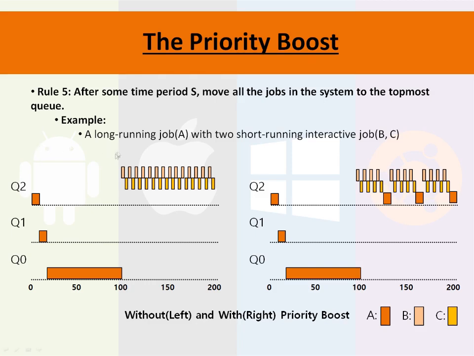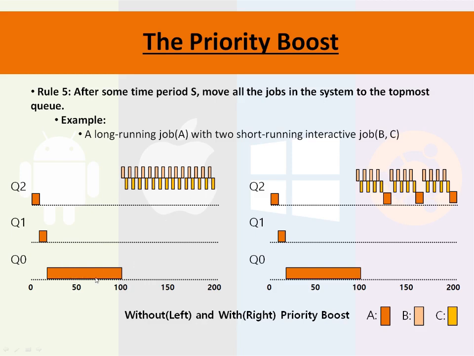And the example here, we have a long-running job A with 2 short-running interactive jobs B and C. So we can see that A would be scheduled first here, and then it would drop to Q1 and then drop to Q0. And the interactive jobs would just bounce up and down. Well, they would just stay in Q2 the whole time.